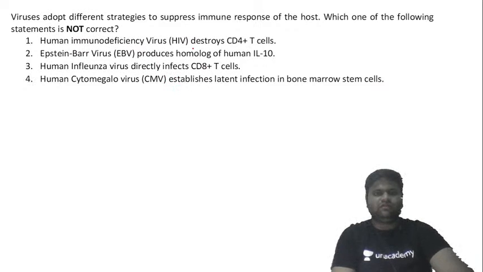So human immunodeficiency virus destroyed CD4 T cell. This is the correct option. Epstein-Barr virus produces a homologue of IL-10. This is also a correct option. The human cytomegalovirus establishes latent infection in bone marrow stem cell. This is also a correct option.